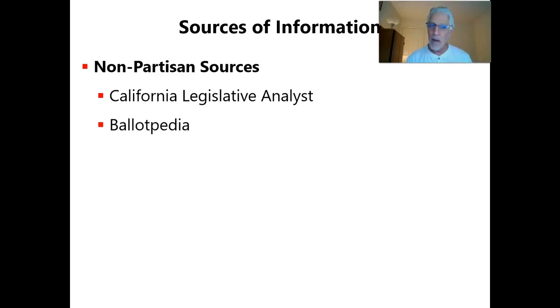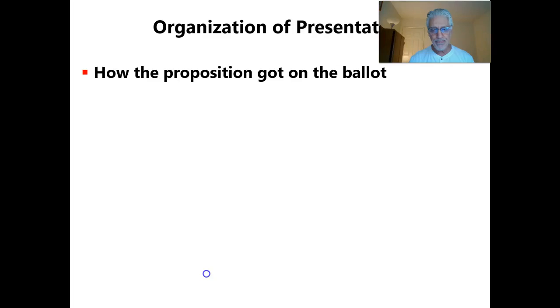And then to supplement that, we also rely on a website called Ballotpedia. Ballotpedia is a great website. You can find other kinds of information, not just about propositions, but about elections. So if you're looking at candidates, things like that, you can find a lot of that on Ballotpedia.